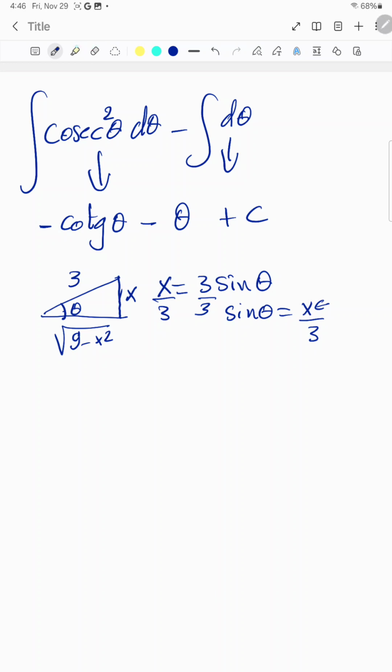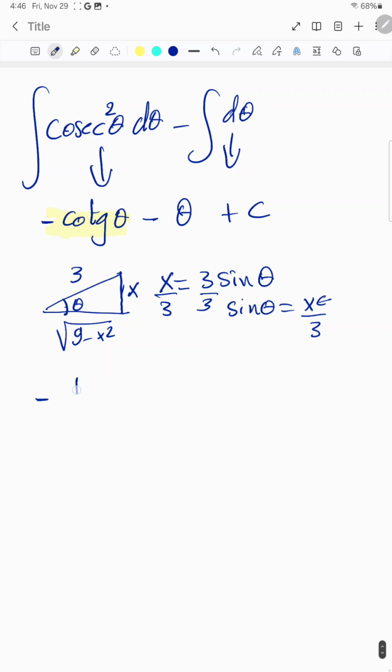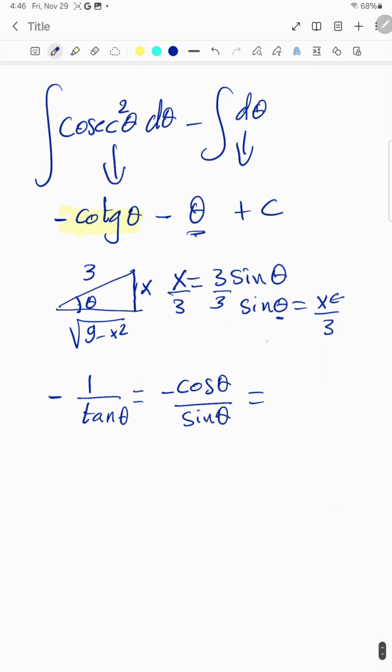So this cotangent of theta, I can write it minus, and the cotangent, I know it is equal to 1 divided by tan of theta, but the tan is equal to sine divided by cosine, so this becomes minus cosine theta divided by sine of theta. And that theta that is here, if I want theta, theta equals sine minus 1 of x divided by 3.